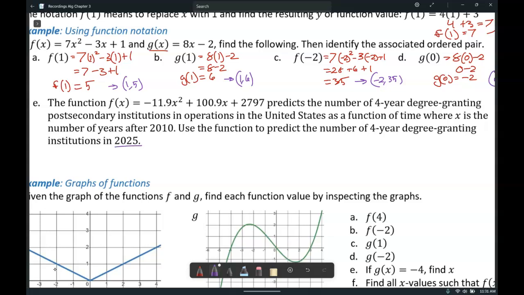Well, we have to figure out what our x value is, since x is the number of years after 2010. So x will be equal to the difference between 2025 and 2010, so x is 15. We can evaluate f of 15 by substituting 15 into our equation.